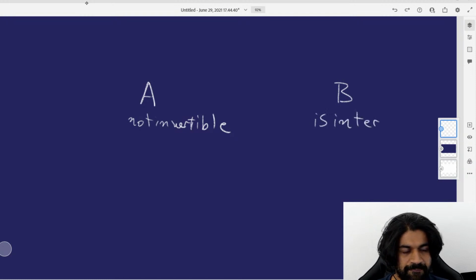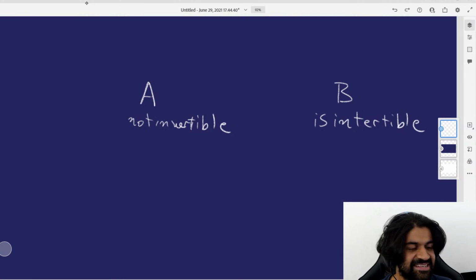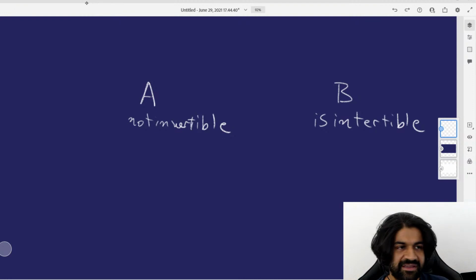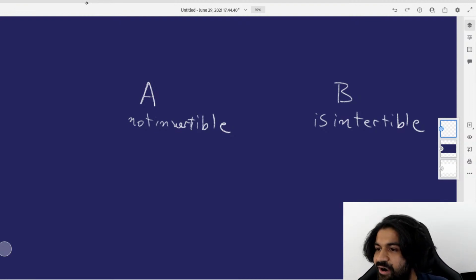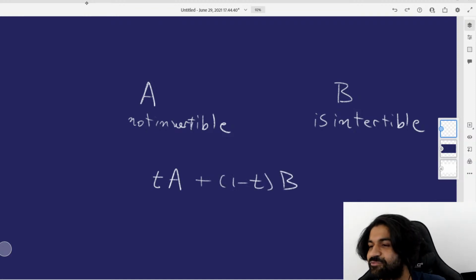Okay. What you can do is draw a line segment between A and B. Of course, this line segment is in R n by n, right? But you know how to draw the line segment between 2 points. You just do t times A plus 1 minus t times B and run t from 0 to 1.